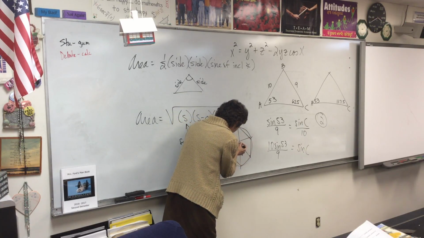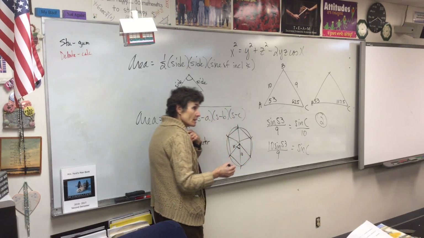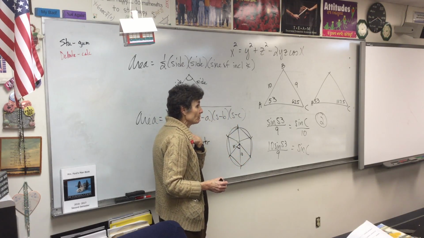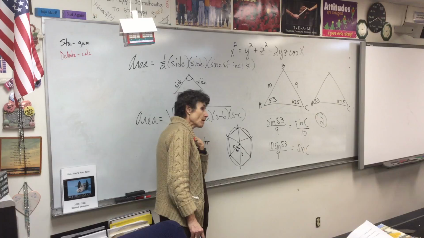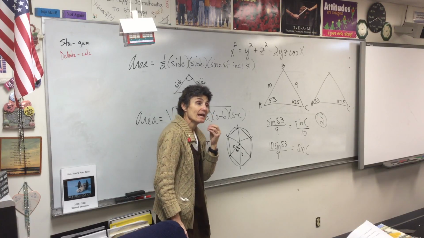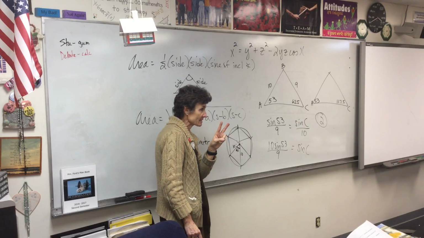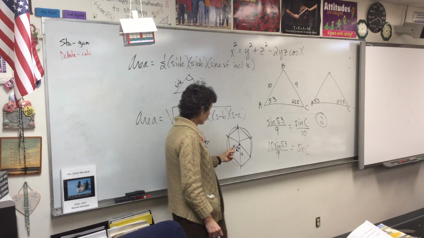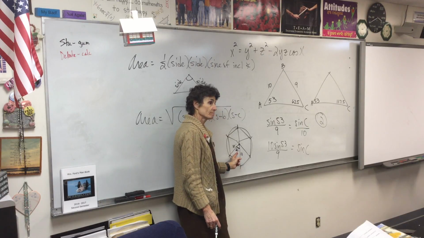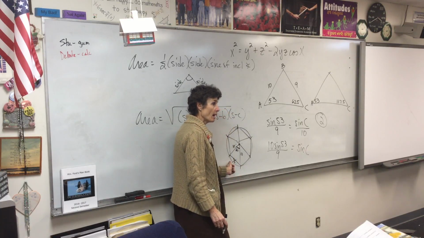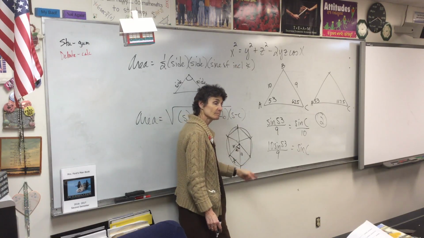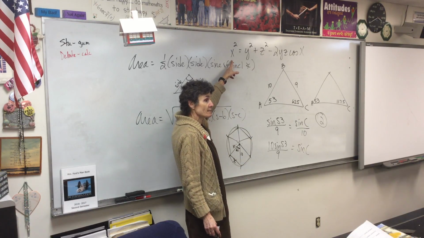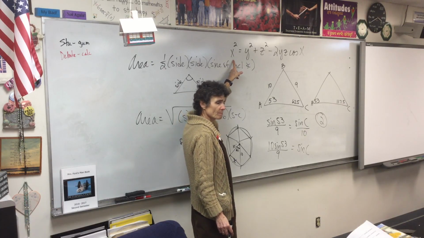So I would have to find this central angle right here. Since there's 6 of them, it would be 360 divided by 6, which is 60. Remember this was a 2-part question on the practice test. If I wanted area, 1/2 side, side, sine, times 6. If I wanted perimeter, I would need the law of cosines and then times 6. Remember when you do the law of cosines, you have to square root it.